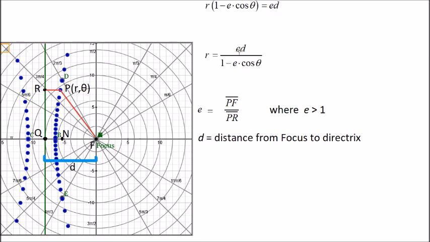Once again, e is the length of PF divided by PR, where e is greater than 1, and d is the distance from the pole to the directrix.